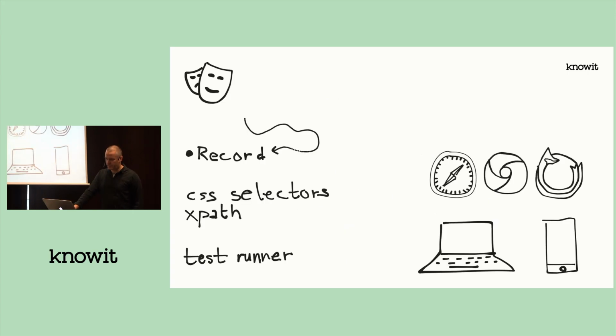And Playwright features that I was interested in is that you can record user interactions and user flows. You can use either CSS selectors or XPath to interact with HTML elements. You can run your test framework or test runner.